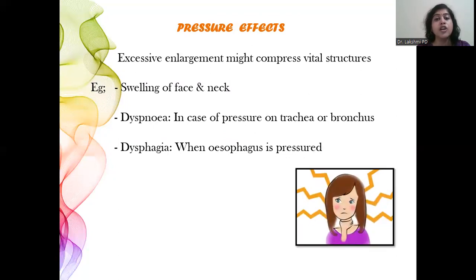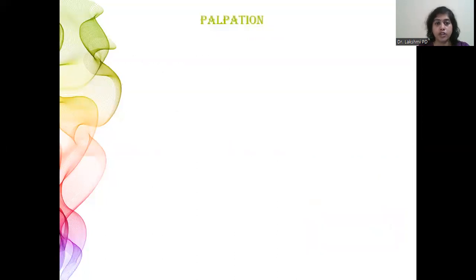Dyspnea is difficulty in breathing because of an enlarged lymph node putting pressure over the trachea or the bronchus. And dysphagia is difficulty in swallowing, which is because of an enlarged lymph node putting pressure over the esophagus. So these are all the points that you have to note down when you're inspecting any pathological changes in your lymph node.